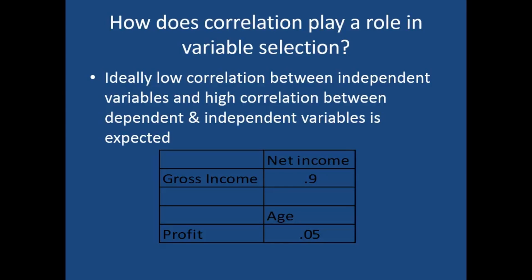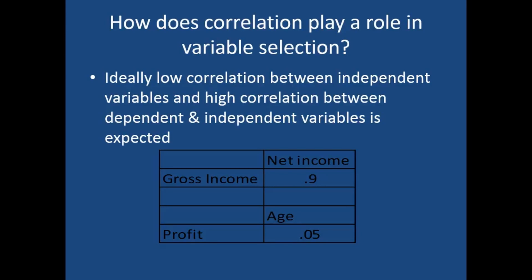They're very less related, or the correlation is very low. So it's very unlikely that age will explain the variability, or age will be able to help in predicting profit of the organization, right? So we may also think of dropping age from the model if it is not helping to predict.